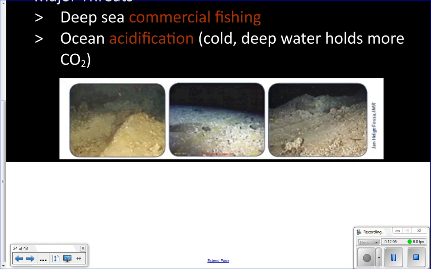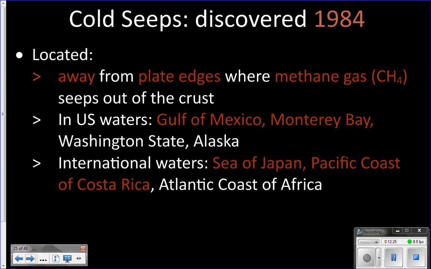So these pictures right here, they used to be deep sea coral reefs, and now they're just crumbles of coral because of the deep sea commercial fishing. So you can see the grooves from where the net and the wheels have been dragged. Kind of crazy. I mean, in one go you kill 1,000-year-old coral, kind of sucks. So they are in danger.